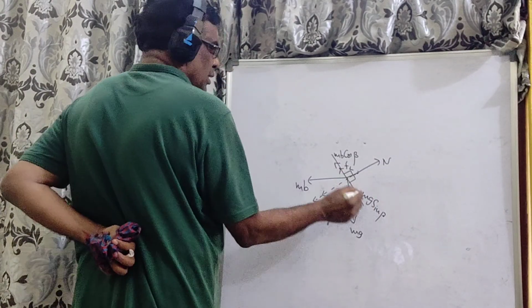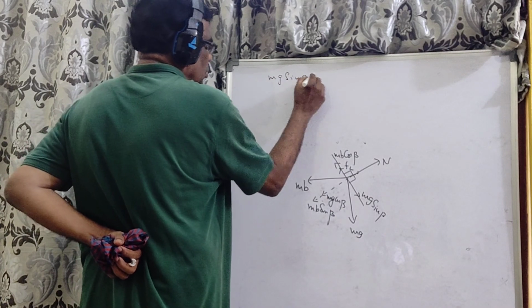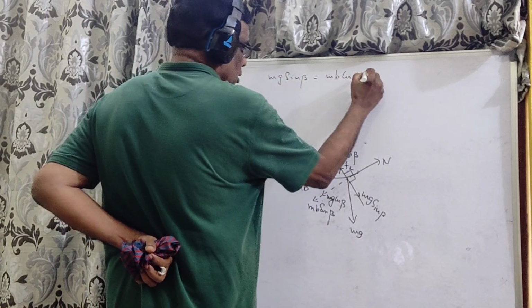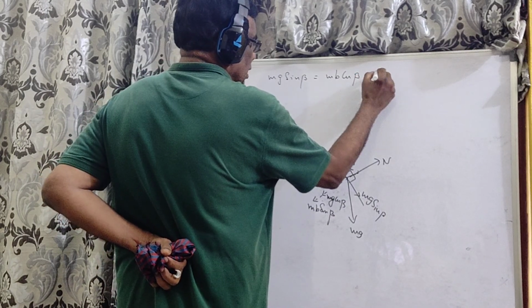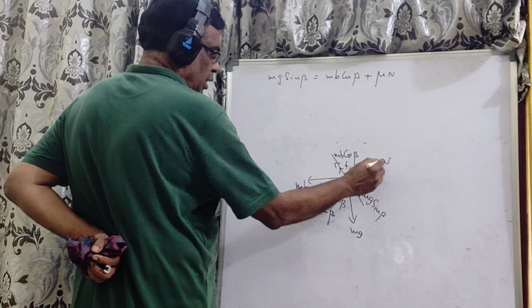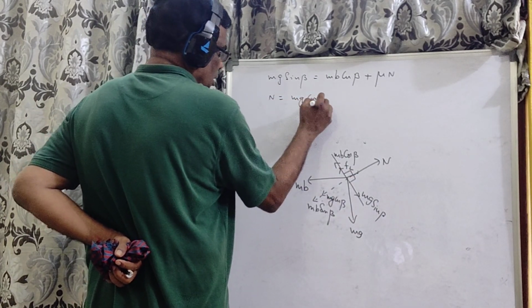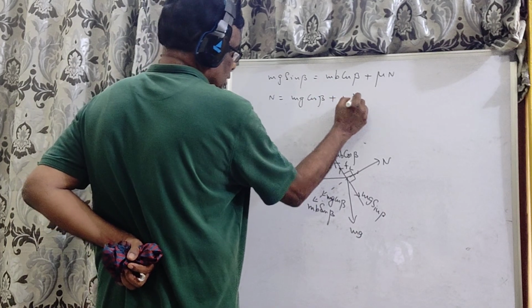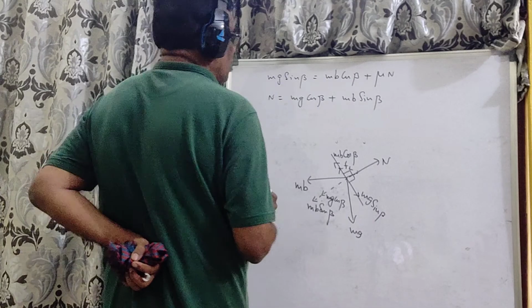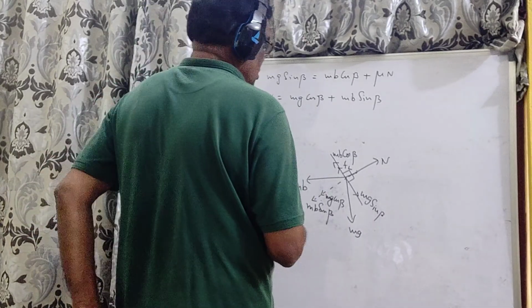What do you get? mg sin beta is equal to mV cos beta plus FL. FL is mu N, and N is equal to mg cos beta plus mV sin beta. Okay? Got this?